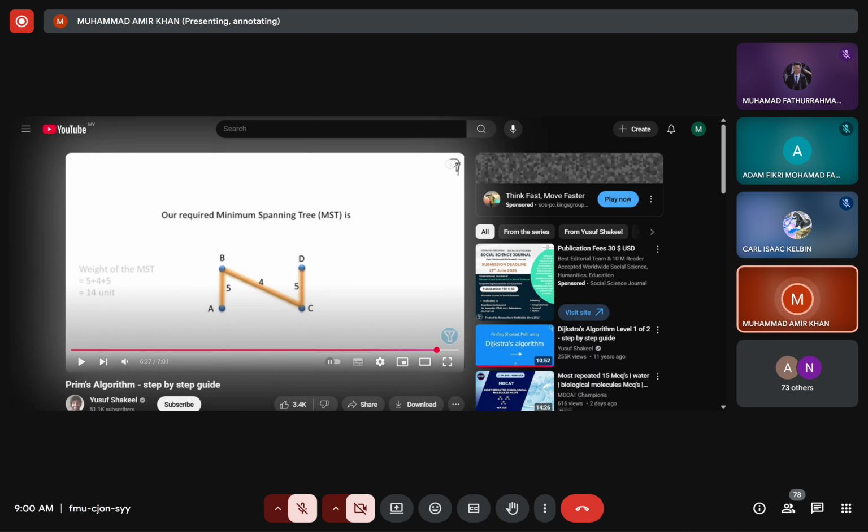But in the paper you will have more complex ones, a graph with more nodes, like 7 nodes, 8 nodes, 10 nodes. And sometimes we give you the table, and with the table you draw the graph.